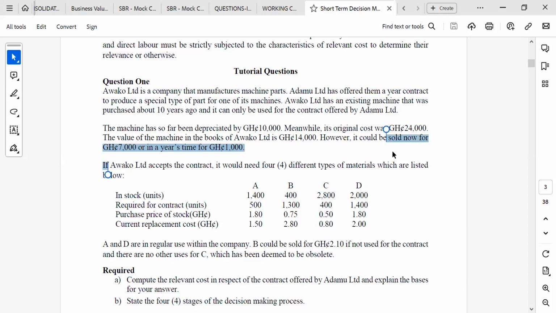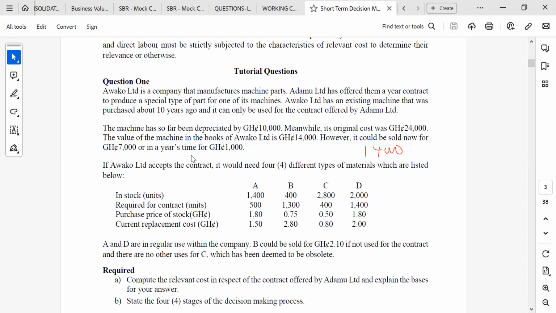What is the current value of the machine? It's 14,000. They have depreciated it by 10,000, and the current value is 14,000.